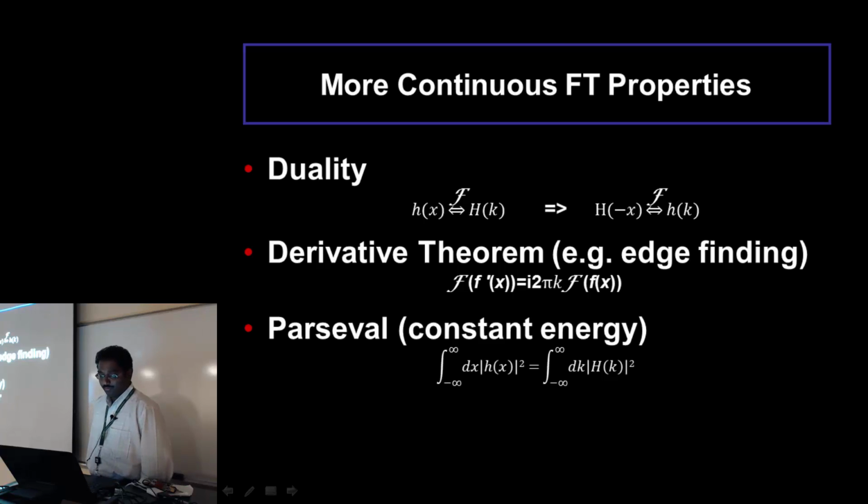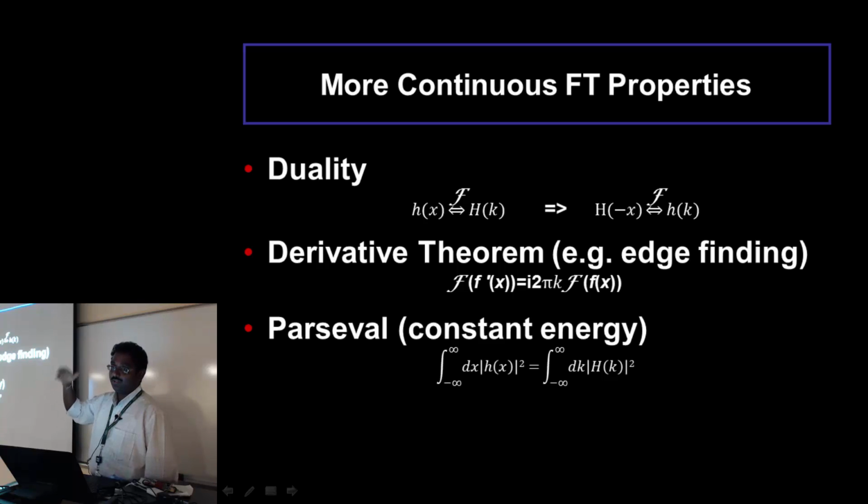The other few properties that we won't be going into detail on, but you may be using during the course of this course, are duality and the derivative theorem. The derivative theorem is essentially an inverted V function that you're multiplying your K-space with. So you're amplifying the outer K-space and minimizing the lower K-space.